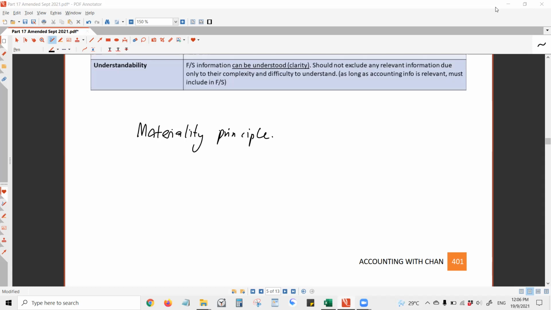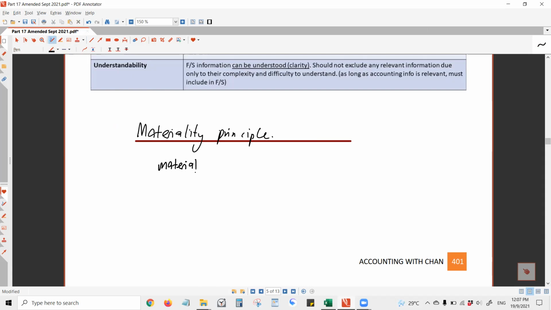Okay, we continue. One last principle before we start to do the question is the materiality principle. For this principle, you have to understand the word material.